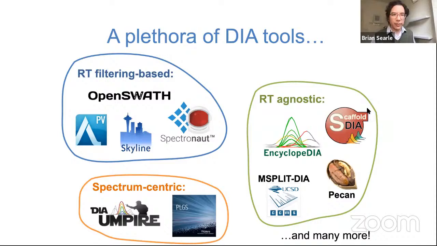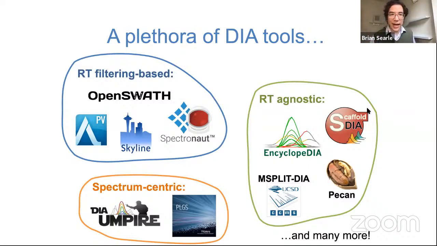So there are lots of different types of tools that are good for this type of experiment. We've talked about a bunch of these, like Skyline. There are also other types of, for example, retention time-based filtering approaches like OpenSwath or Spectronaut or PeakView, some spectrum-centric approaches like DIA-Umpire or PLGS, some RT-agnostic approaches like EncyclopeDIA or Scaffold DIA, MSPLIT-DIA, Pecan.